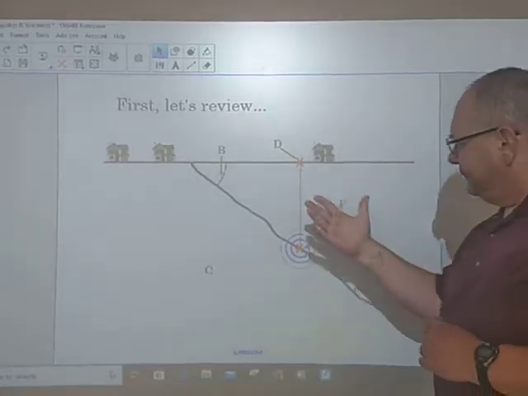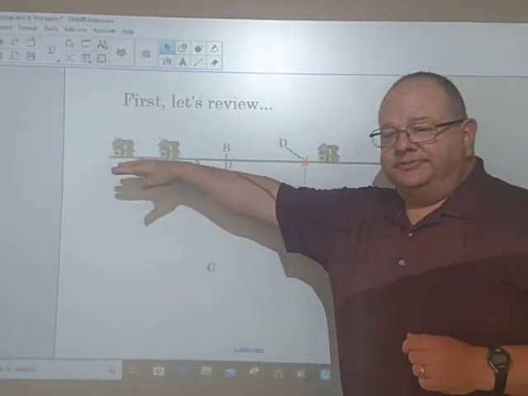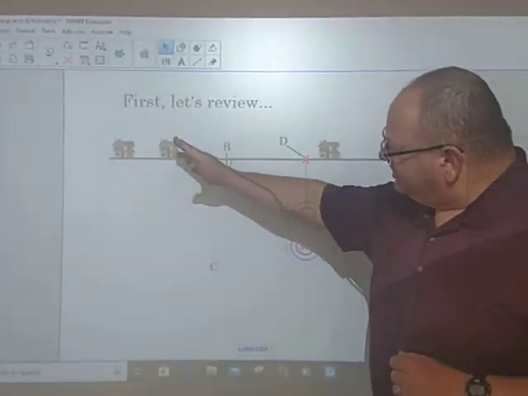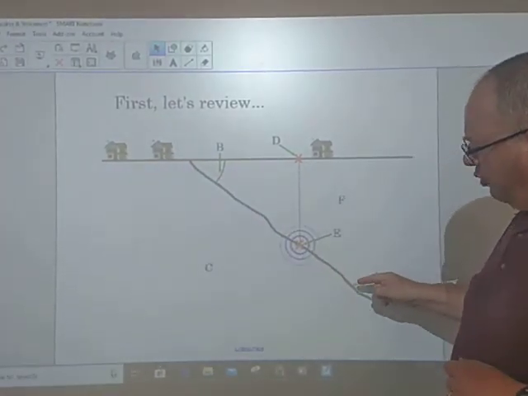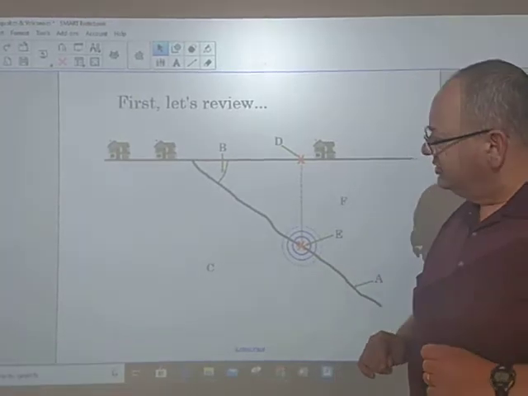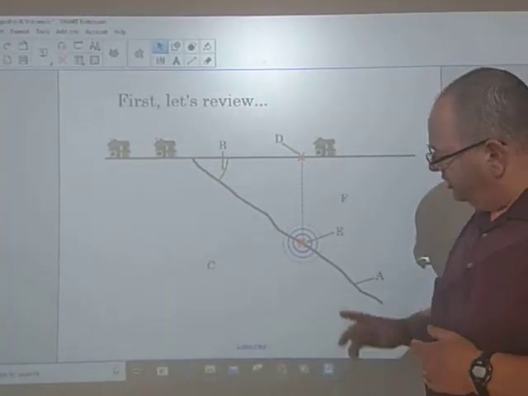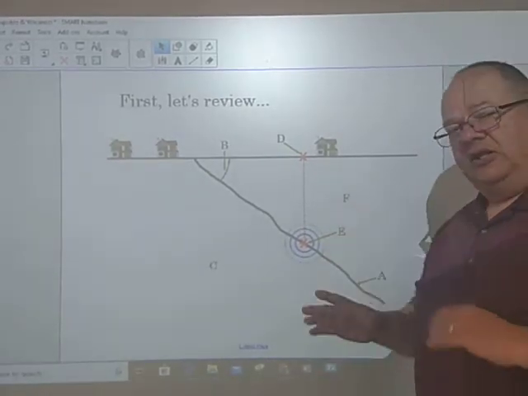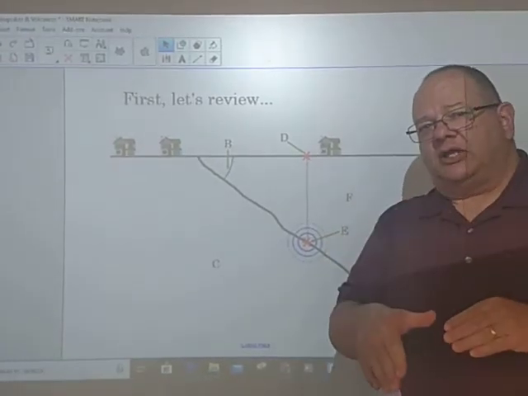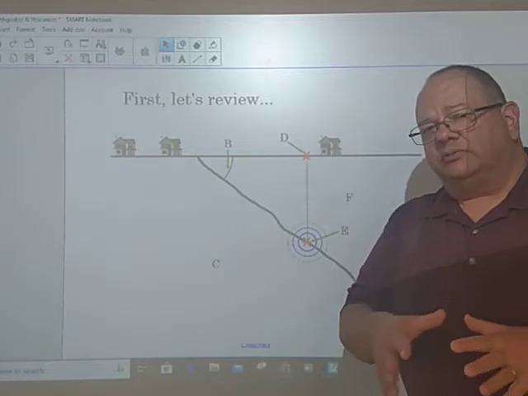So anyway, here's our surface of the earth. And here's this crack going down into the earth. And A is pointing to that crack. So, in your answers, A should have been a fault. Now, technically, for a fault we need more than just a crack in the earth, because that could be a fracture.